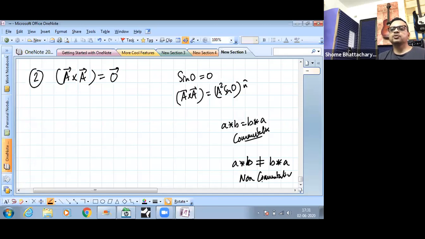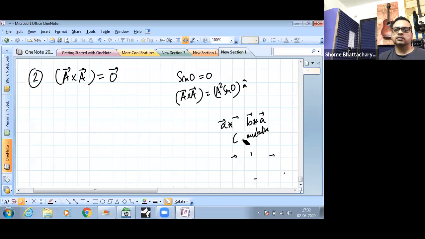In this example, I am talking about a scalar operation, but if this is vector sign, then this becomes a vector operation. But whether it is vector or scalar, if one thing operated on the other is equal to the other thing operated on the first, then we say that particular operation is commutative. And if it is not equal, then we say it is non-commutative. So that is the meaning of commutative versus non-commutative.